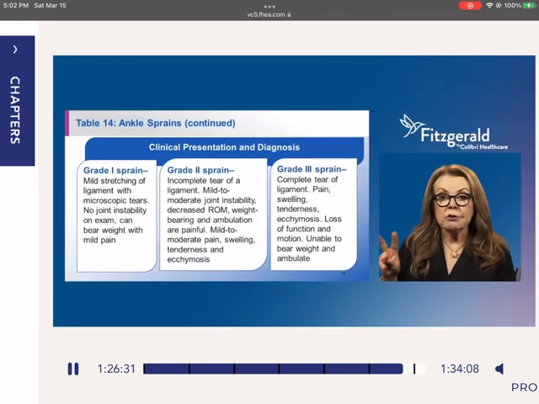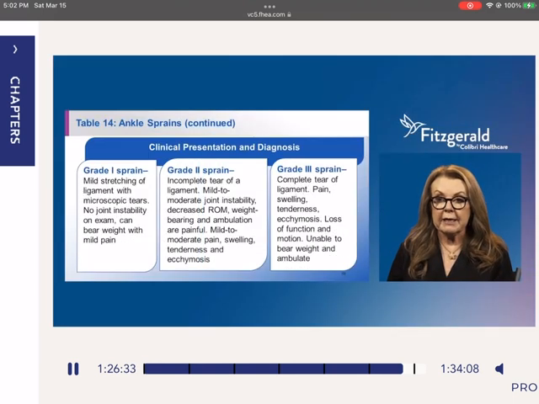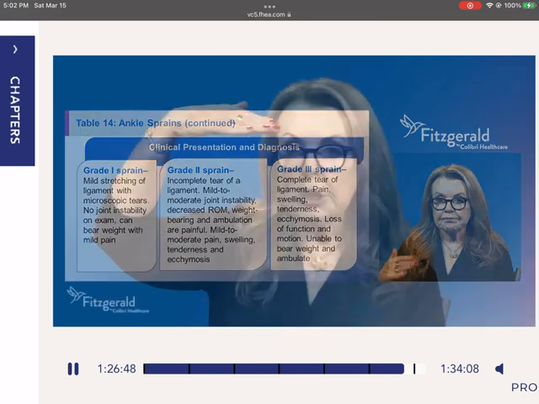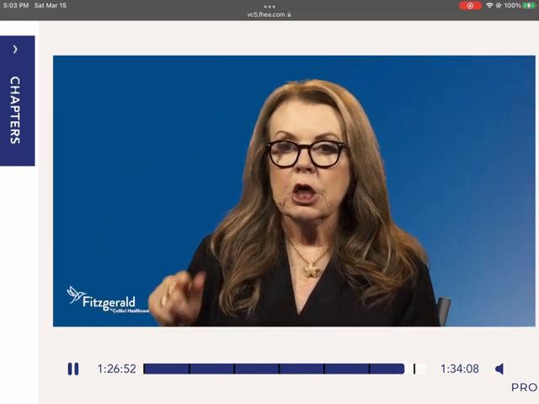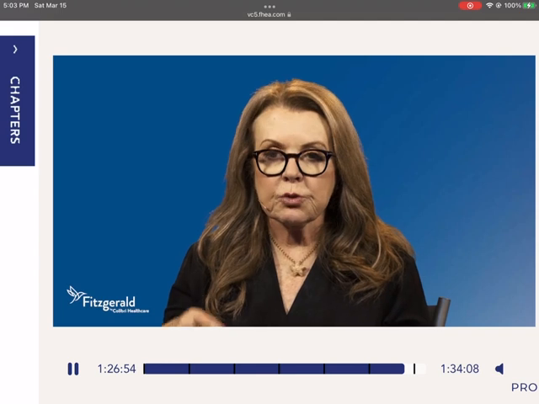A grade 2 sprain is an incomplete tear of the ligament, mild to moderate joint instability, decreased range of motion. Weight bearing and ambulation are actually quite uncomfortable, mild to moderate pain, swelling, tenderness, and ecchymosis. So grade 1, you're probably not going to get any ecchymosis. You're going to get minimal swelling.